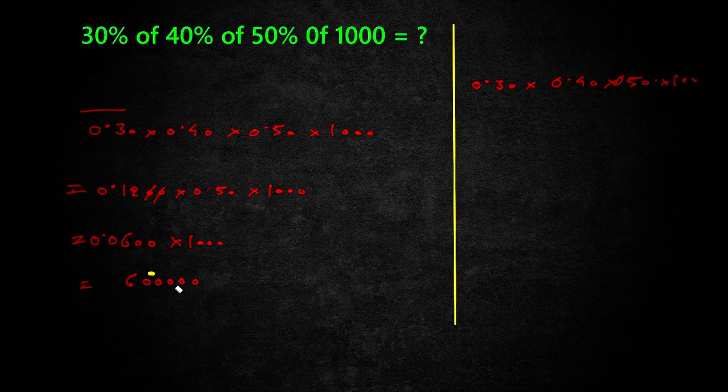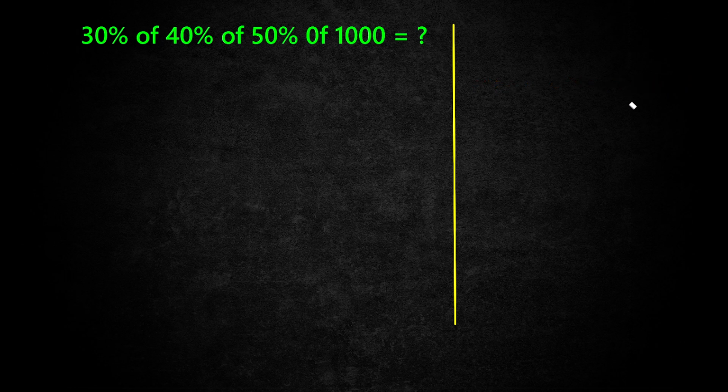Now, what is the fastest way of doing it? 30% is 0.30. It works. But there is another way. I got 30% in English. Suppose, what is 30% in English or in history or in any subject? It means 30 out of 100. So instead of converting it into 0.30, a percentage can be converted into a fraction.